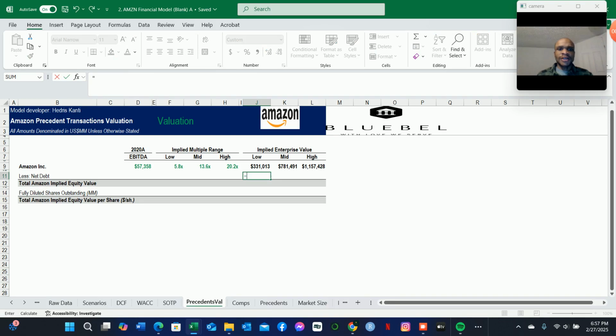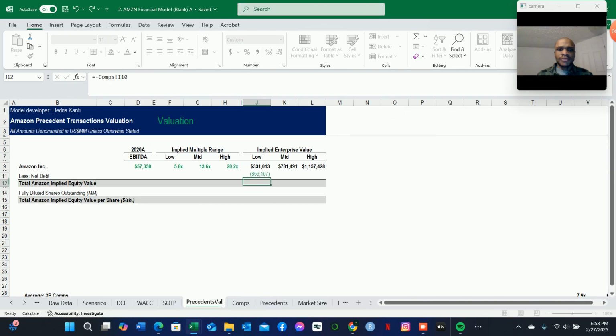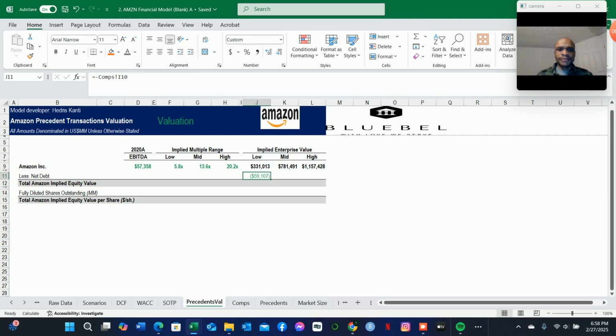So in this case, we will switch the sign and we flip to our comparable company analysis tab and we grab the net debt of $59 million. We can fill this reference cell with F1s. We can fill this right with Control R.